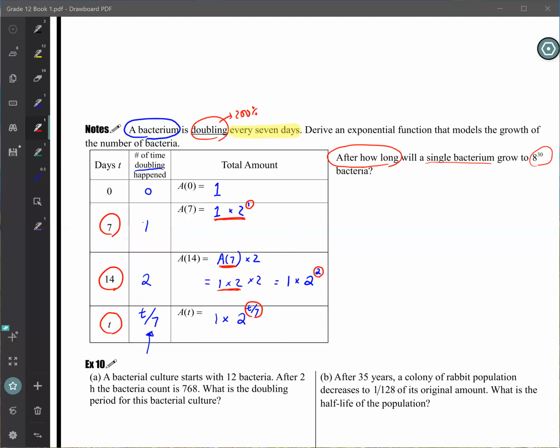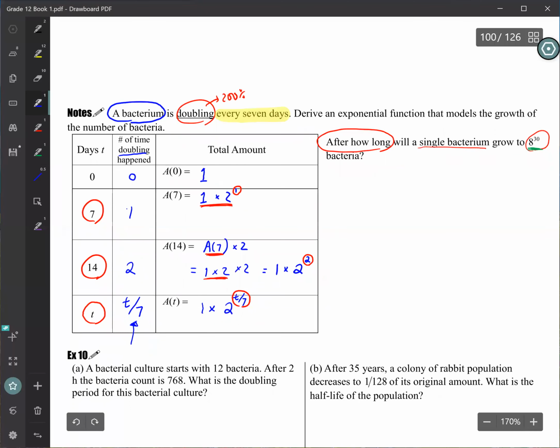Think about where we plug in this 8 to the 30. I'm going to just copy the formula again, and then let you try it first.